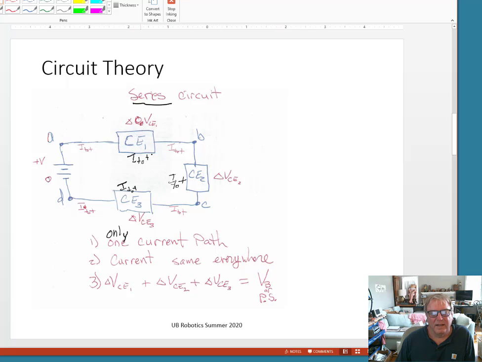If it went to 0 here, there would be no reason for the current to keep going. So each voltage drop is a fraction of the total voltage of the battery. That's pretty straightforward.